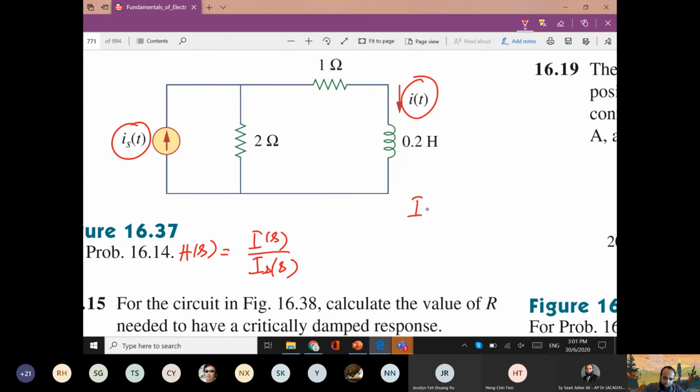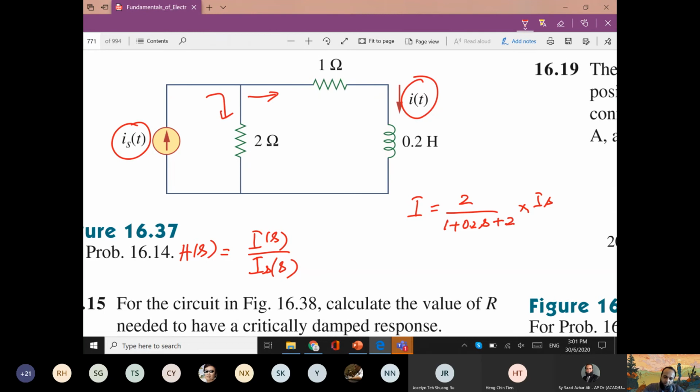We know that Is is divided in these branches. So I is equal to 2 upon 1 plus 0.2s plus 2 times Is.